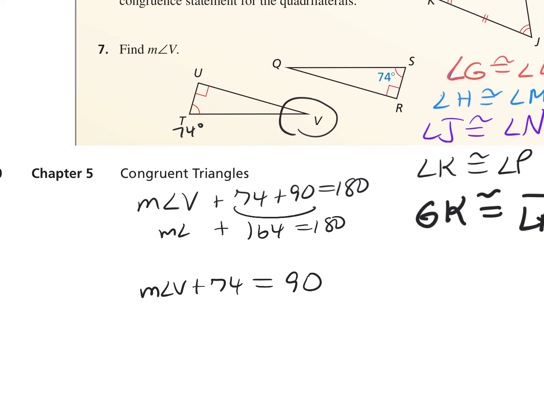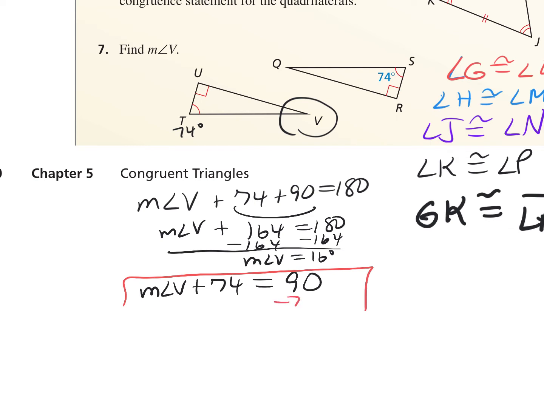And then to find the measure of angle V, I subtract 164. And then the measure of angle V is going to be 16 degrees. Now, if I did it using this equation, all I'm doing is subtracting 74 from both sides, and I still get the same answer, 16. So either use the theorem or the corollary, either one, it doesn't matter. But we look for the congruent matches.